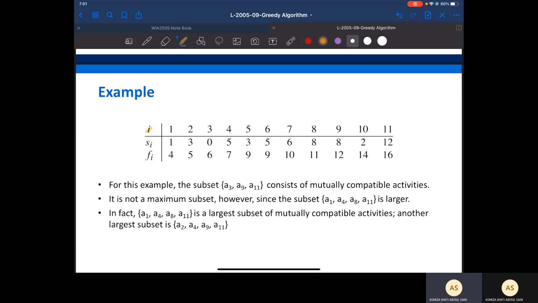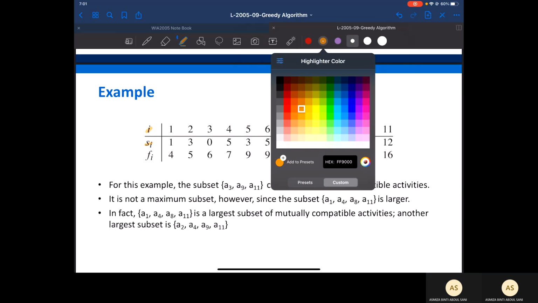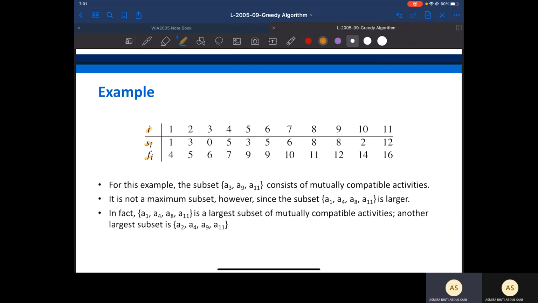Each activity has a start time as well as a finish time.